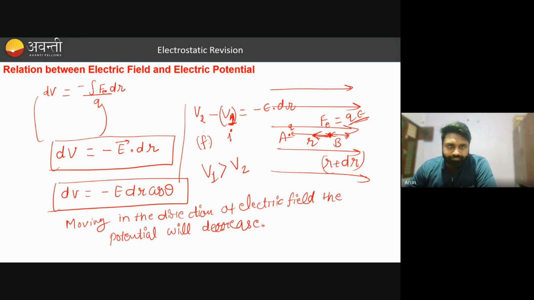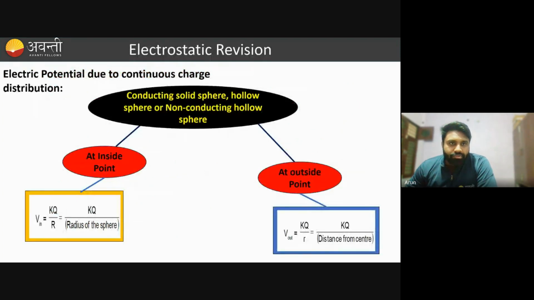Now the electric potential due to continuous charge distribution. We have just seen the electric field expression for continuous charge distribution. If you need to derive it now, try to do one trick.